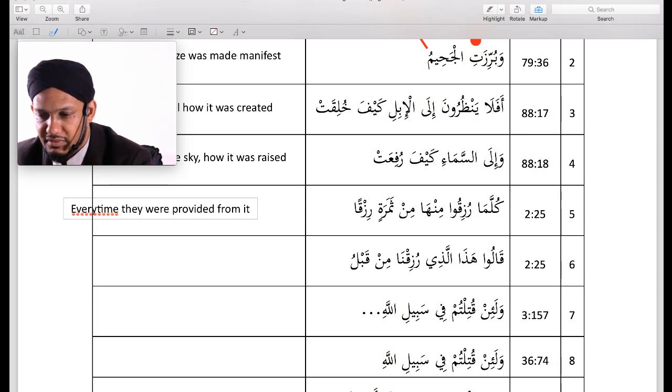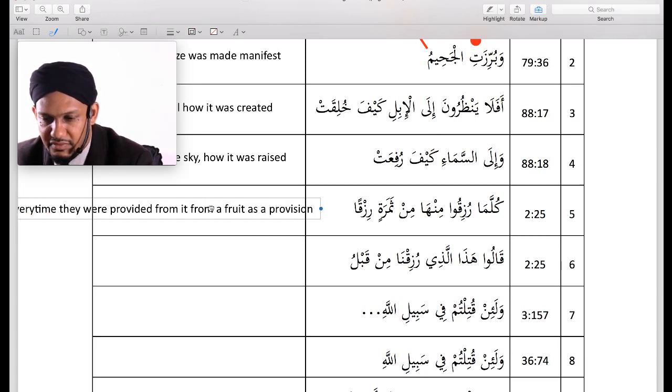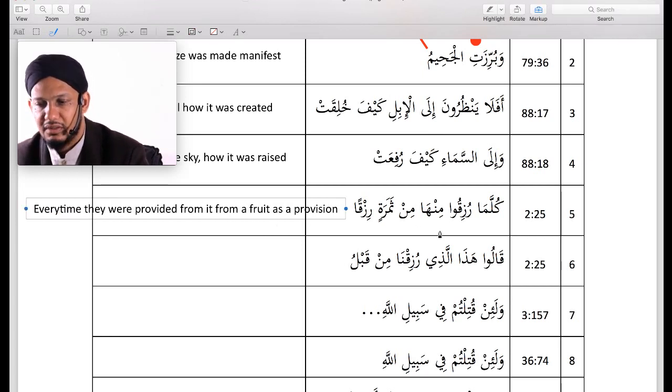From a fruit. It's a bit complicated, but anyway. Every time they were provided minha, from it, min thamratin, from a fruit, rizqan, as a provision. The rest of the sentence is a bit difficult, but I just wanted you to get how it works.